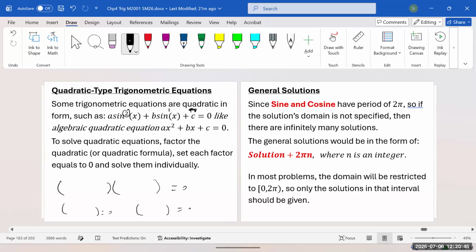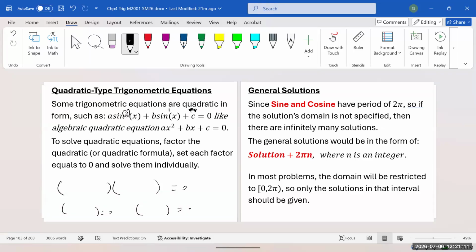And then we have normal factoring, like sine squared plus sine. You can take out sine as a common factor. Let me say this: if your domain is not mentioned for the solution, you have to keep adding 2 pi n. But if it's mentioned that it's from here to here, then you just have to find exactly those solutions in your domain.